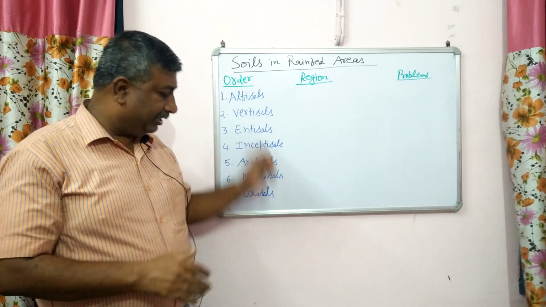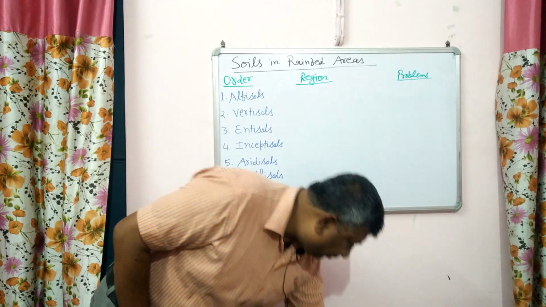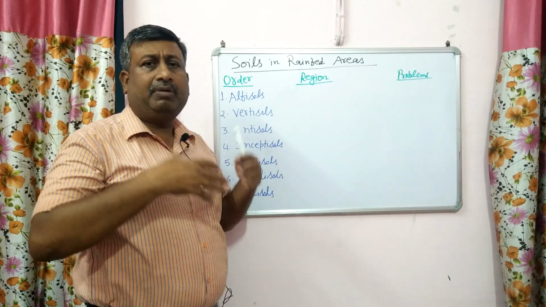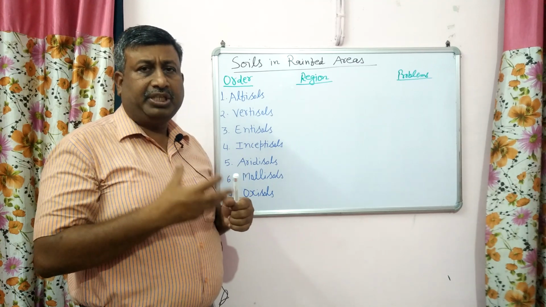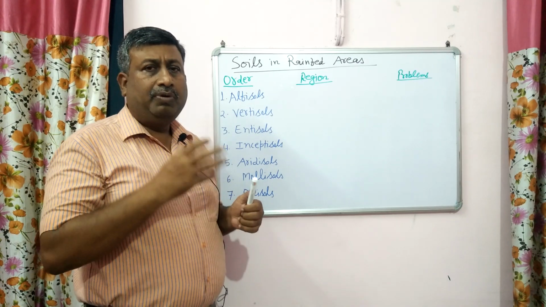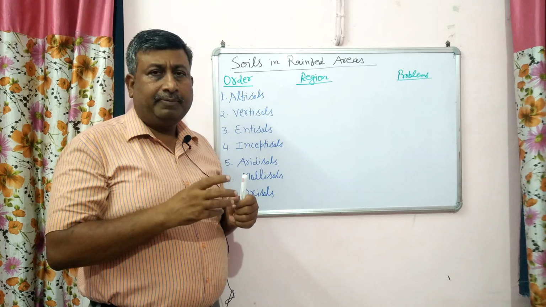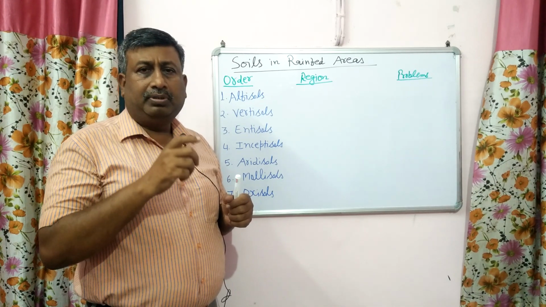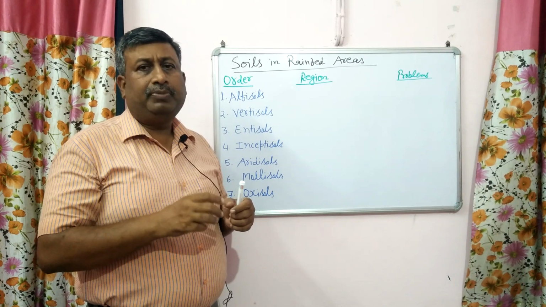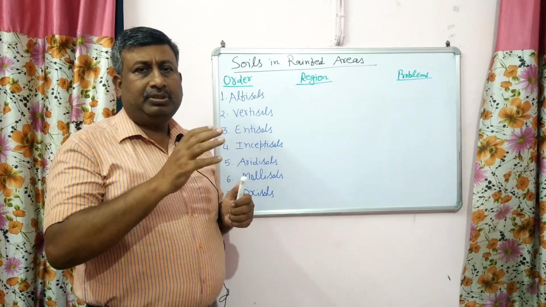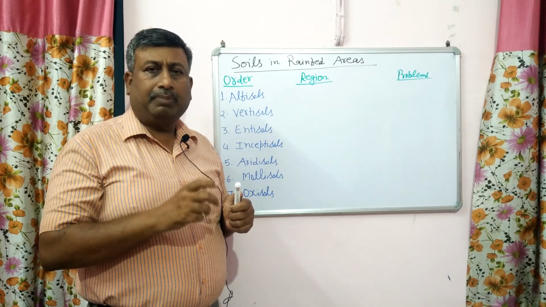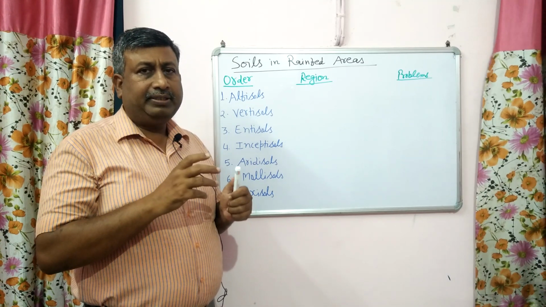Next is soil classification. Soil is classified on several bases, but the US classification is based on a system where soil is classified as an order, then suborder, then further divided into great group, subgroup, family and series.